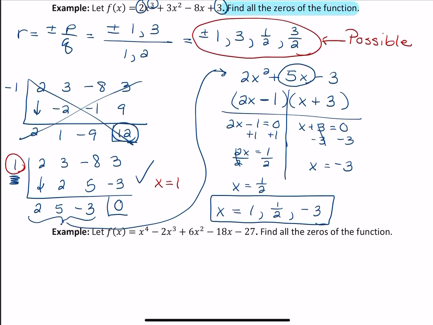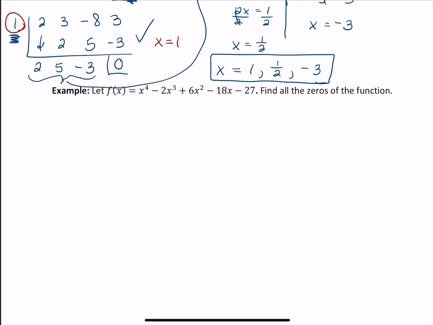Like, for instance, on this next example, I've got a 4th degree. So before I get a quadratic, I need to have found 2 zeros to get a quadratic answer.